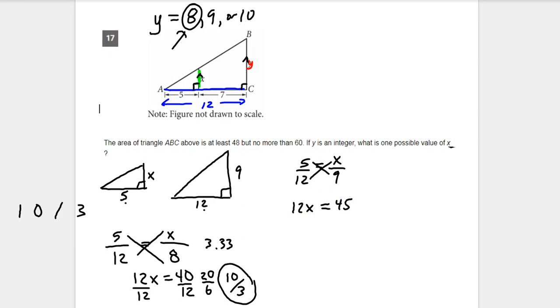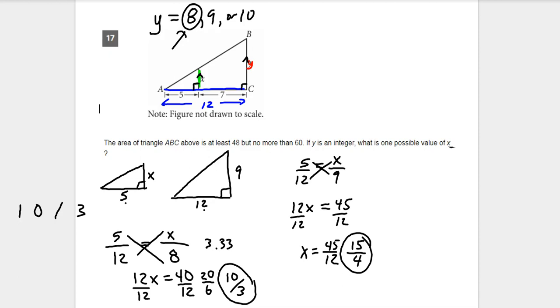Divide both sides by 12 and you get x equals 45 over 12. We need to reduce that down because I don't think there are 5 slots to grid, I think there's only 4. 3 goes into both numbers: 3 goes into 45 15 times, and 3 goes into 12 4 times. So that would be a correct answer. I don't think we can whittle that down any further.